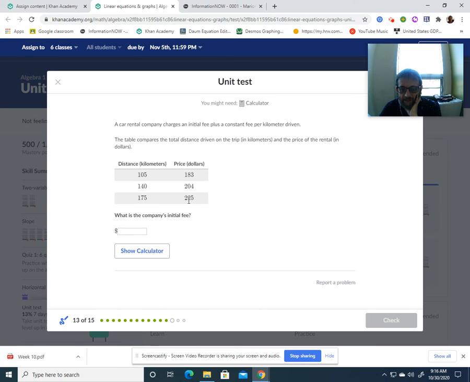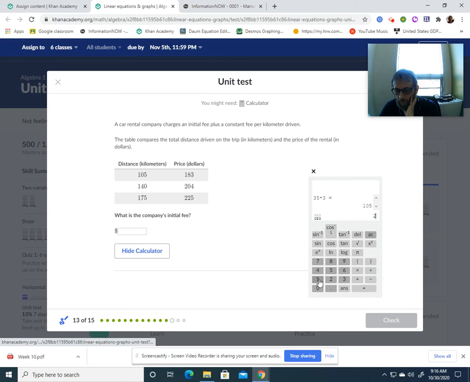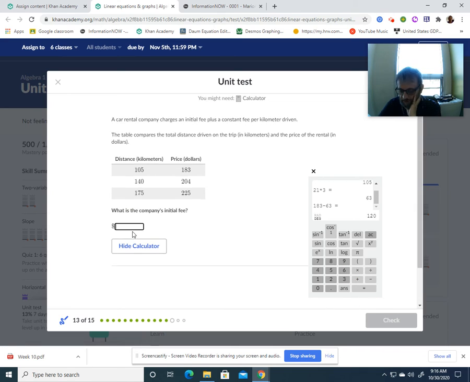Here, you can see I went down 21, then I went down 21. So I need to subtract 21 3 more times. So 21 times 3 is 63. So I'm going to take 183 minus 63, and I'm going to get 120.